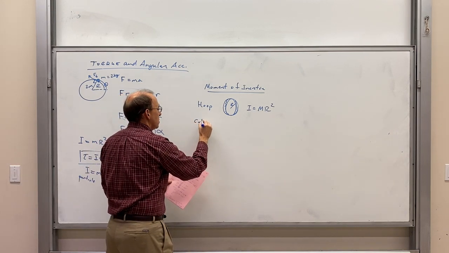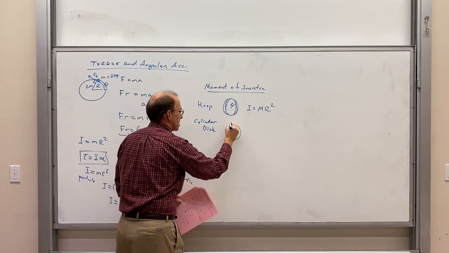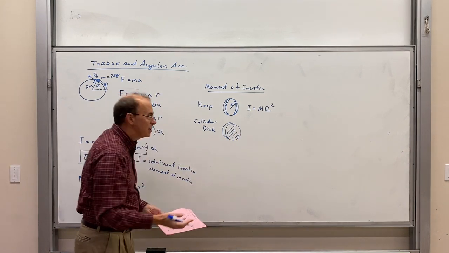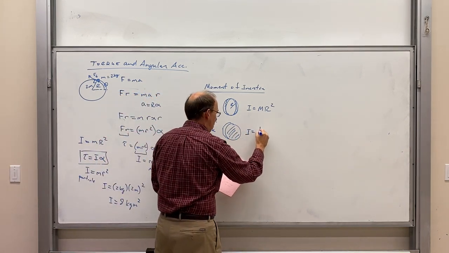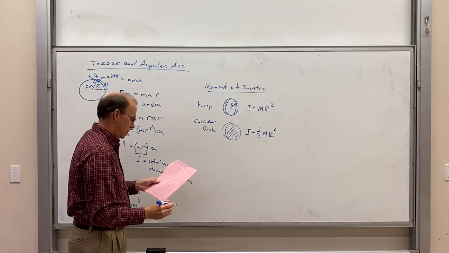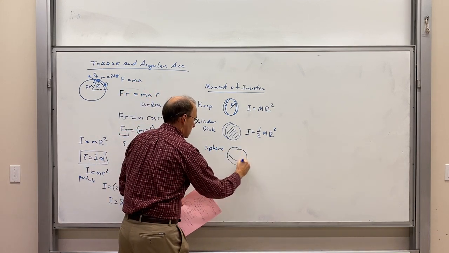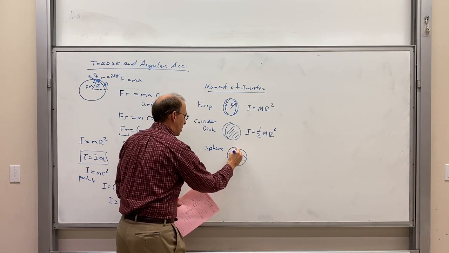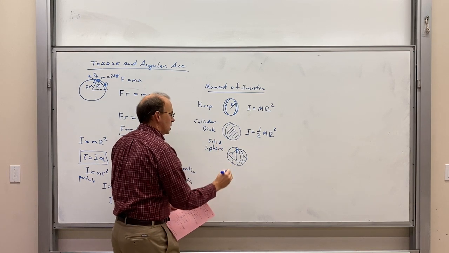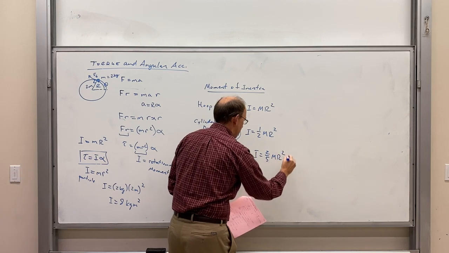For a cylinder or disk, something flat like a penny, then I is 1/2 m r squared. For a sphere, that's kind of hard for me to draw, I hope you get the idea. For a solid sphere, it has to be solid, then I is 2/5 m r squared.